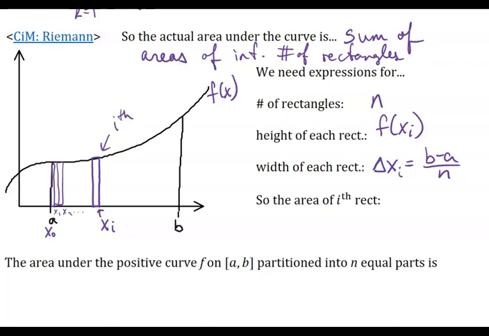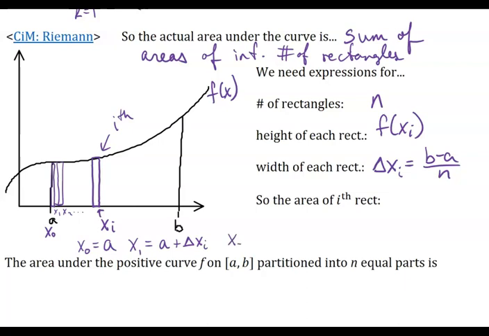So that means that the first point, x sub 0, is the same as a. For the second x coordinate, moving over one rectangle, that would be x sub 1. That's the same thing as saying the starting point of the interval plus we've shifted over by delta x one time.